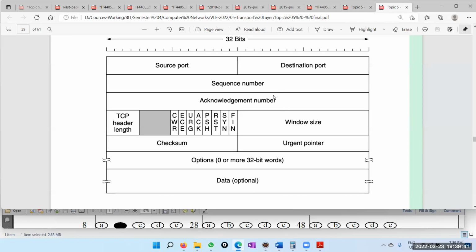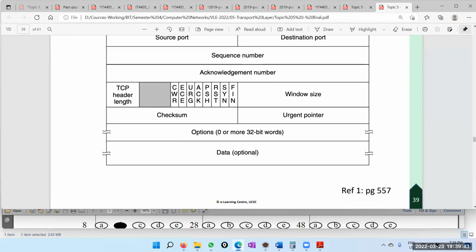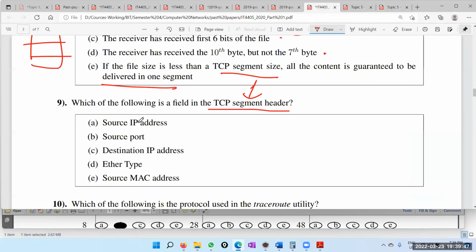Okay, right. So which one is relevant to our answer then? Source IP address is not part of the TCP header. That is something to do with the IP header, because IP address is something to do with the IP. Source port, yes. Destination IP, no. What is this? I think EtherType, no. MAC addresses, no. MAC address is not something to do with the TCP.